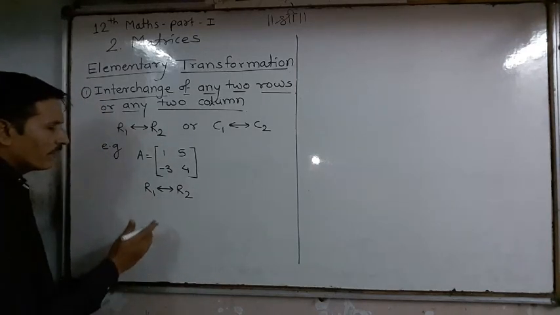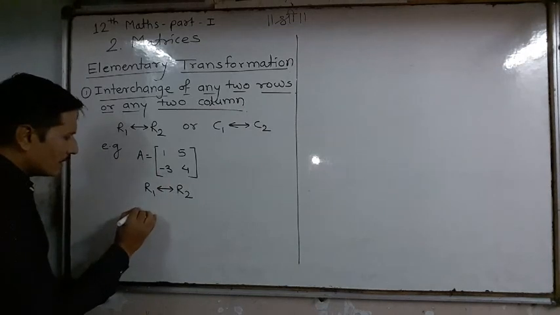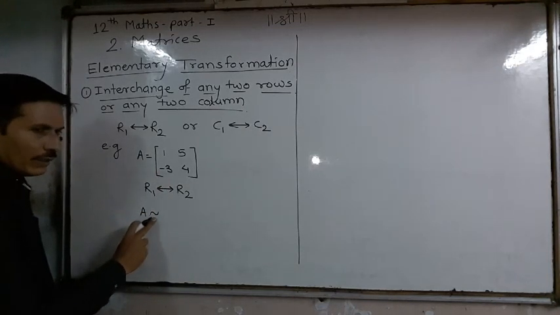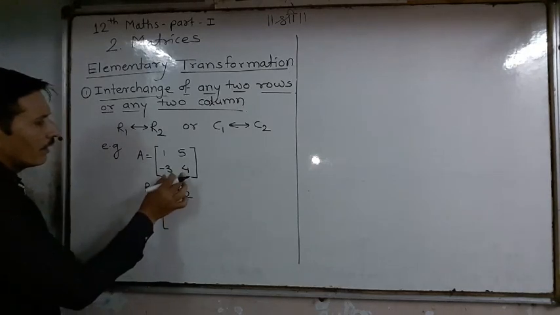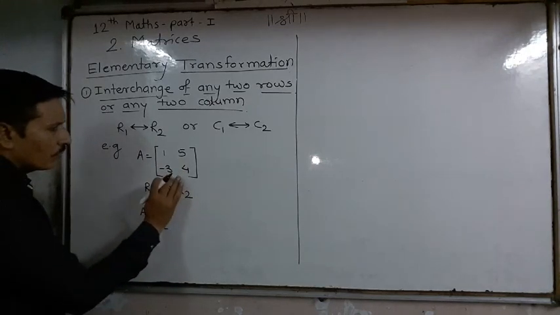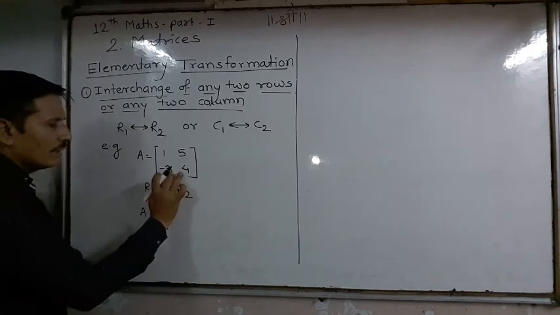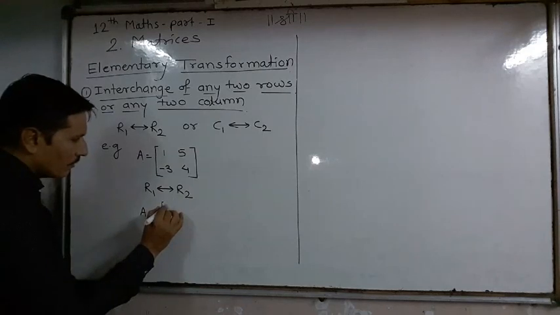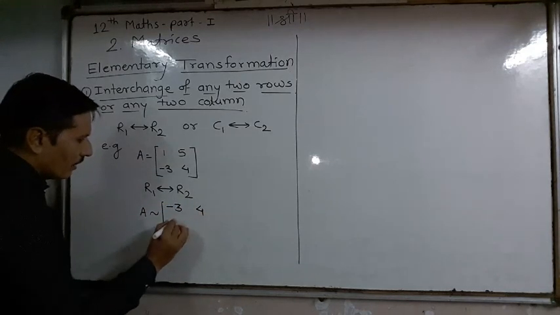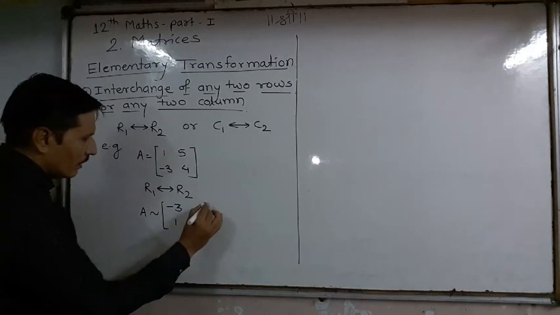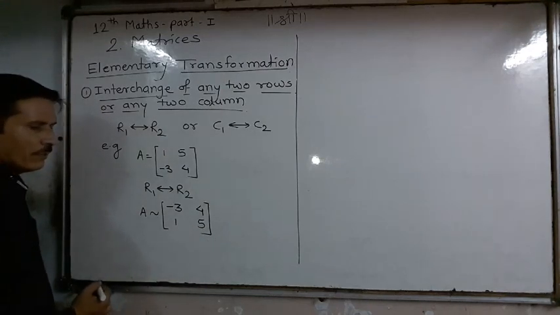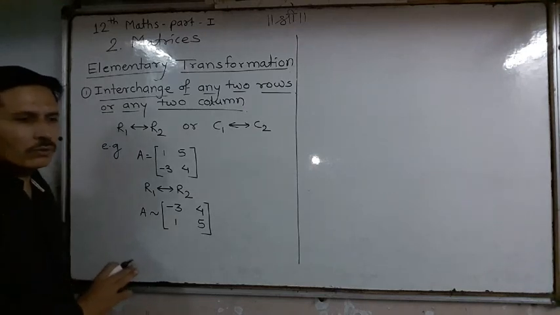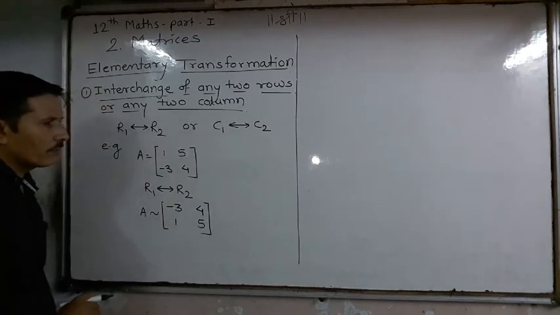The new matrix is not equal to A, but it is equivalent to A, so we write A ~ [−3, 4; 1, 5]. The second row, −3, 4, takes the place of the first row, and 1, 5 goes to the second. This is the first elementary transformation, interchanging of any two rows or any two columns.